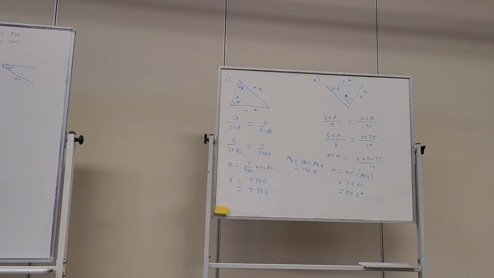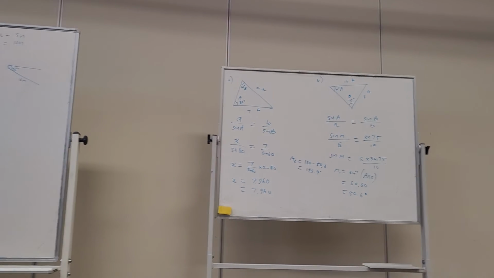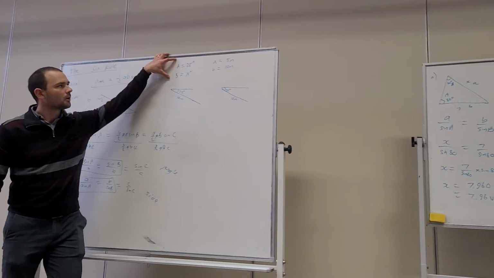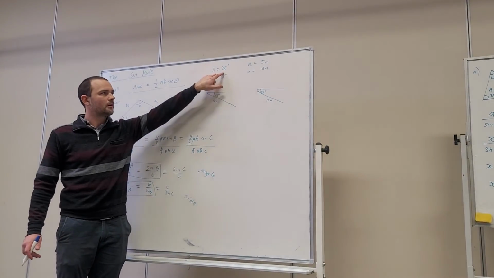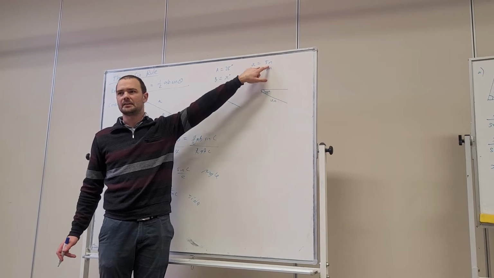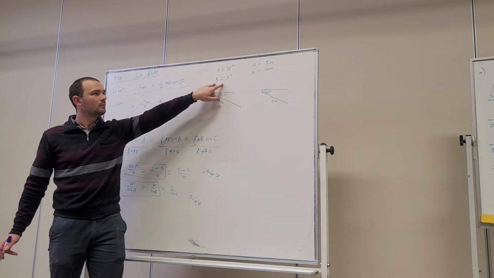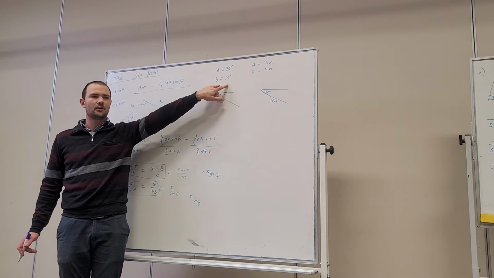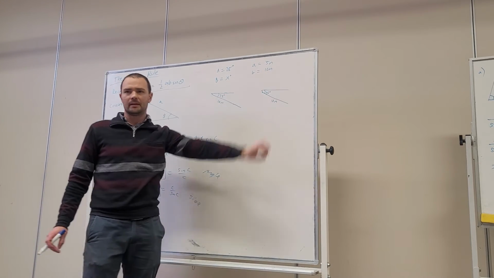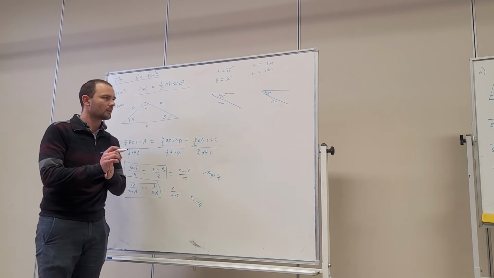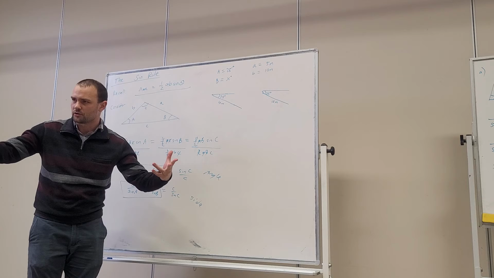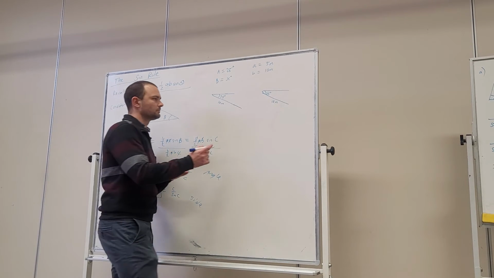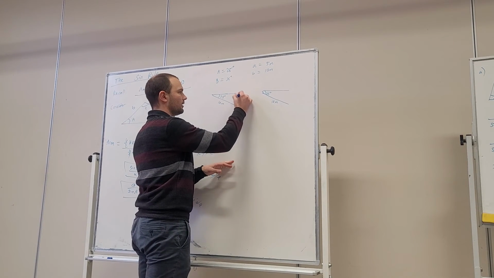Here's why we need to consider two possible angles. Consider this information that we're given. We have angle A is 25 degrees and side A is 5 meters. Angle B, we're trying to find it. We're trying to find this unknown angle, and we've got side B is 10 meters. So if you were to try and draw this triangle, we could draw it like this.